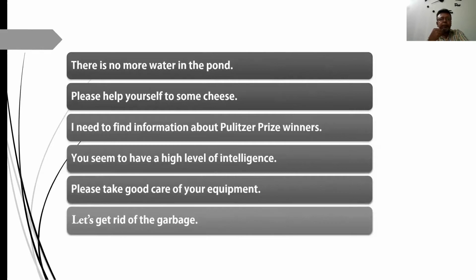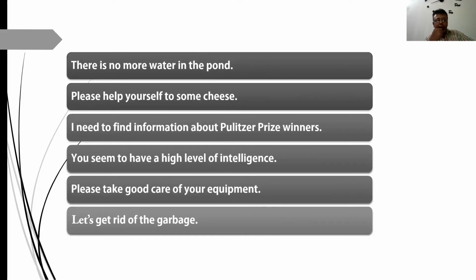Then we come to another aspect, that is uncountable nouns. There's no more water in the pond. Please help yourself to some cheese. Cheese, water. I need to find information about Pulitzer Prize winners.